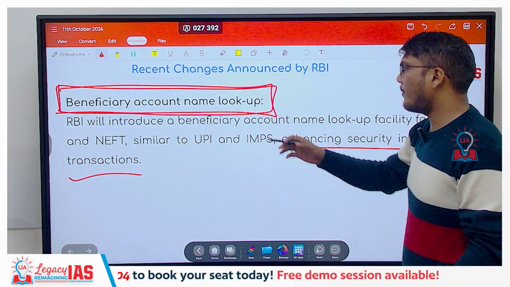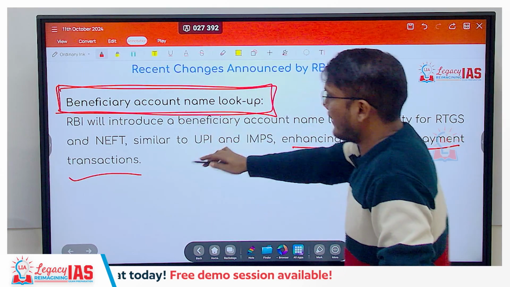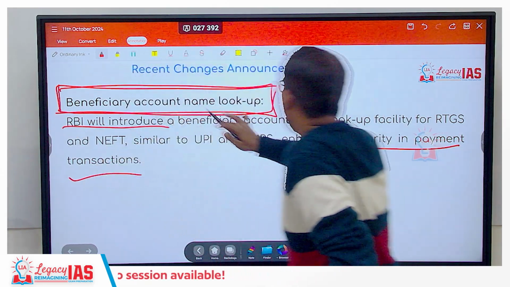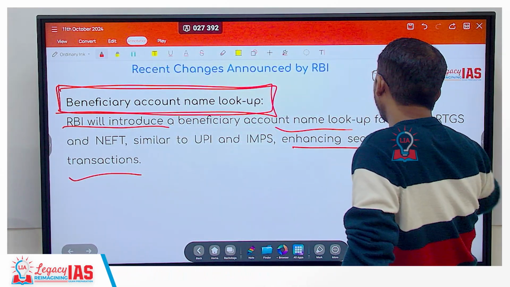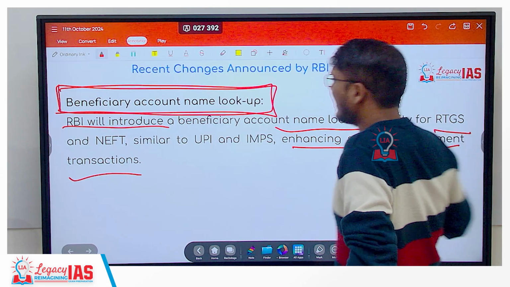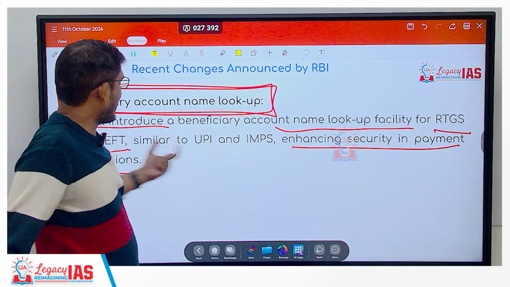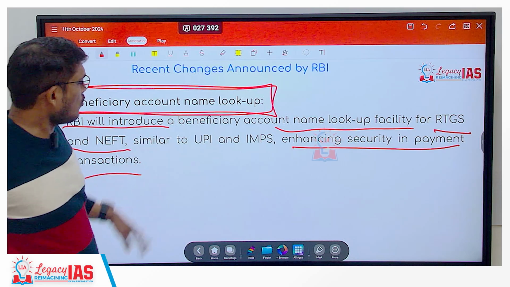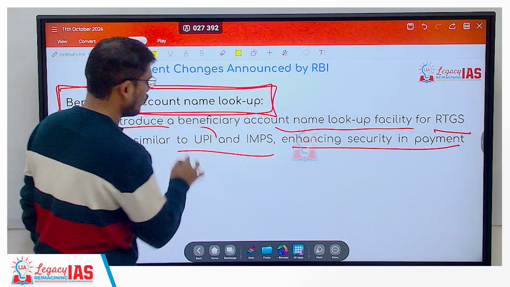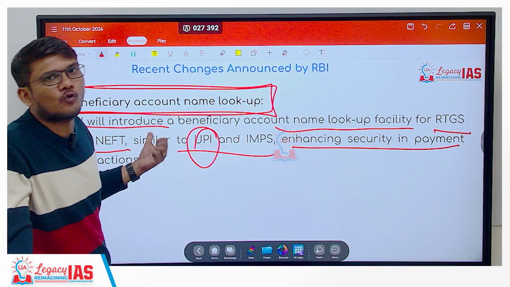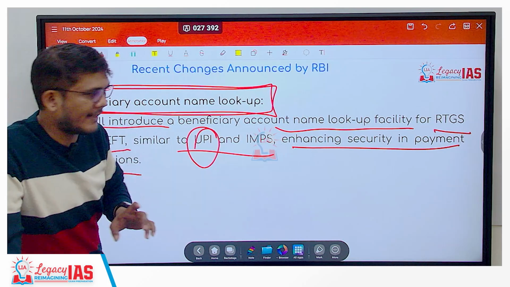Okay, so they are introducing it, so you will be able to look at the beneficiary's account name for RTGS and NEFT transfer, similar to UPI and IMPS. So in UPI it is already there, they are bringing it in UPI 123 and UPI Lite as well.